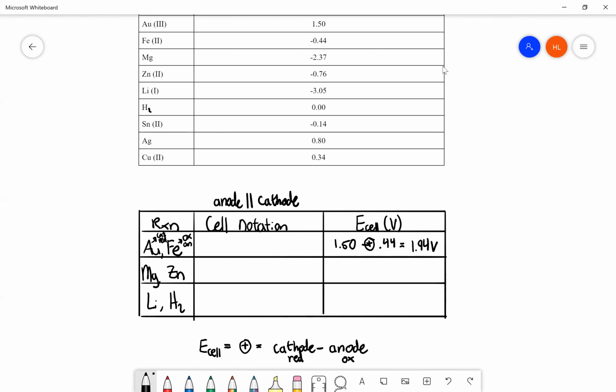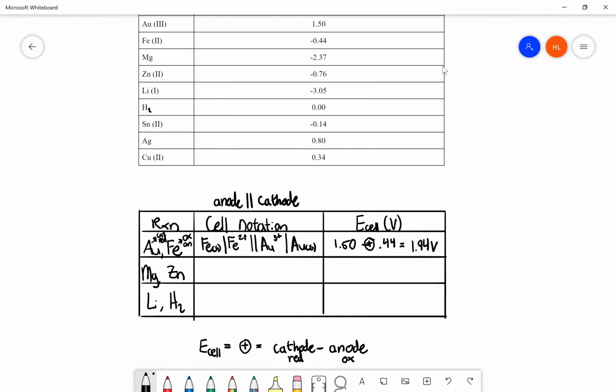So we put our anode first in its solid form, which is Fe(s), separated by a phase line from its aqueous form, which is Fe2+, the 2+ coming from the standard reduction potential chart. Then we have the salt bridge. We will have Au in its ionic form, so that's Au3+, again from the table above, and Au in its solid form.